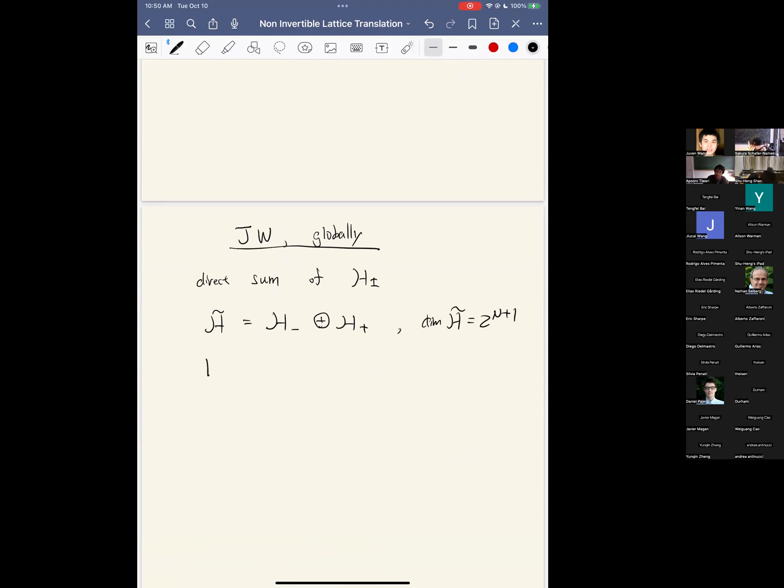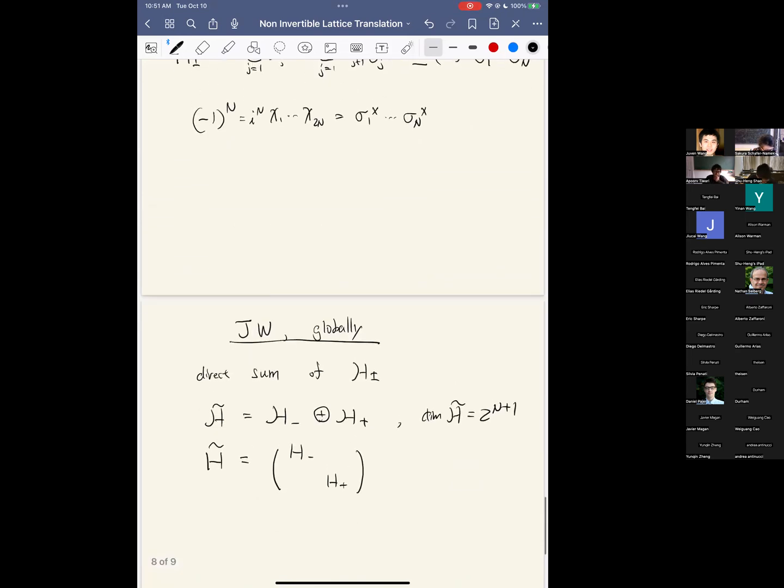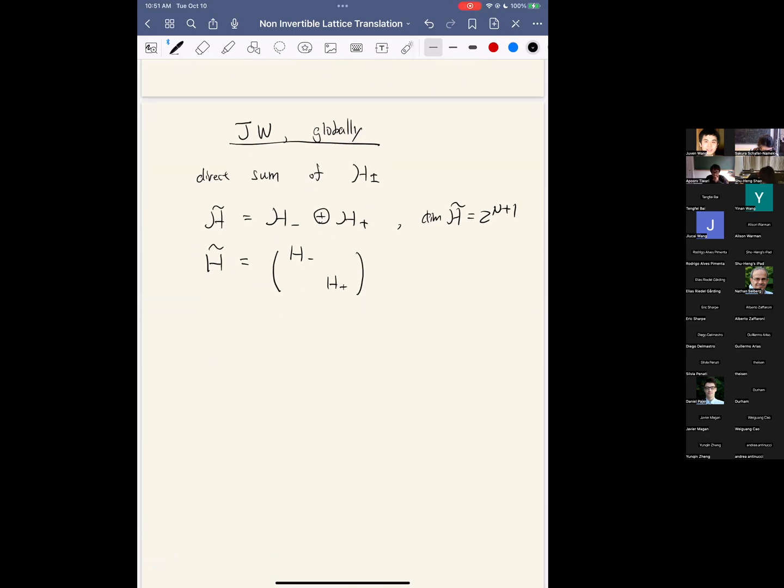In this bigger Hilbert space, I have the Hamiltonian H tilde, which is H minus on the upper corner and H plus at the lower corner. All right. In this bigger system, we have a quantum symmetry, eta tilde, which just acts as 1 on one block and -1 on the other block.